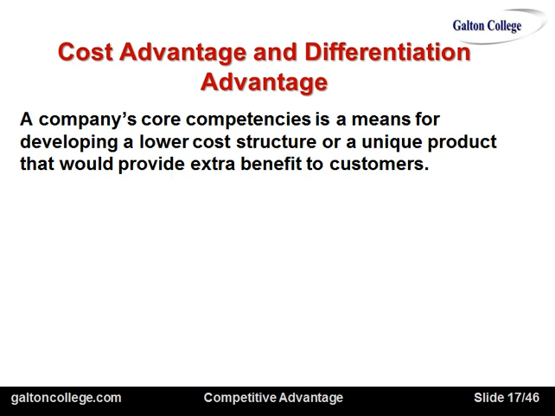So the core competencies are important because these are what give the business its cost advantage. This is what the business is good at. It's good at, let's say, production. So its core competency is in production, or its core competency is in marketing. It has a very efficient marketing structure.